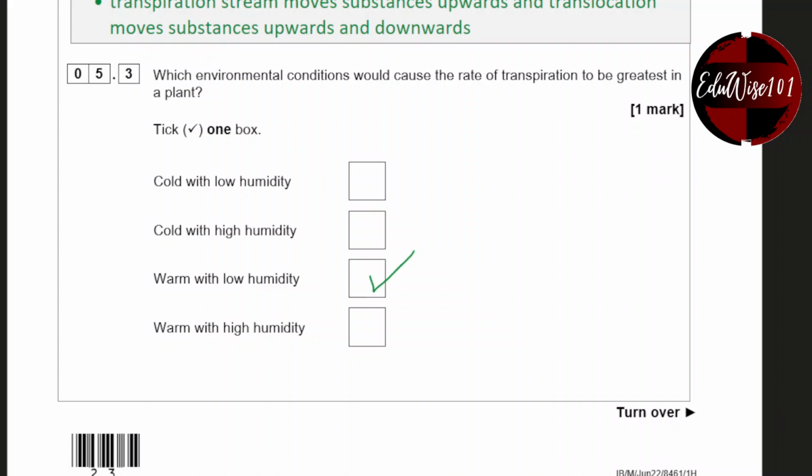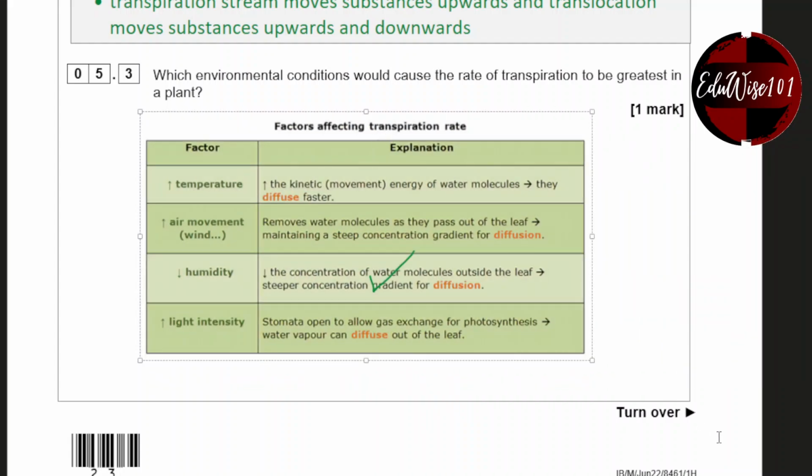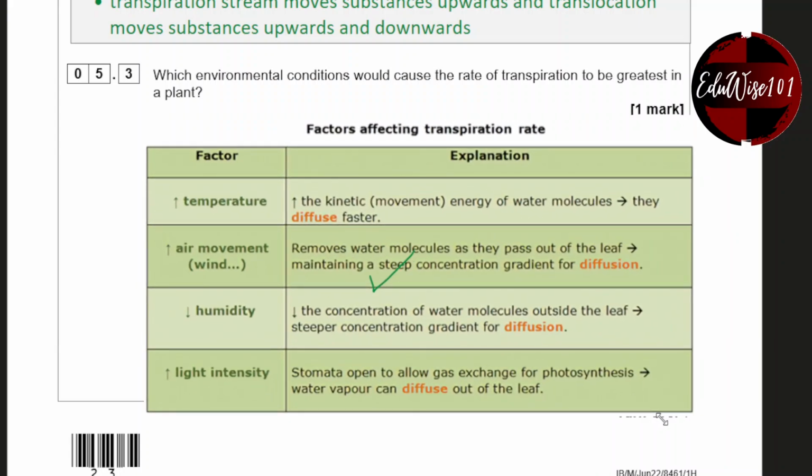Now, just as a quick reference, here are a little bit of notes on the factors that affect the rate of transpiration. You need to remember these factors. Temperature: the arrows pointing upwards basically mean an increase in temperature. So an increase in temperature means the transpiration rate increases. The reason for that is the kinetic energy of water molecules also increases, so they diffuse faster.